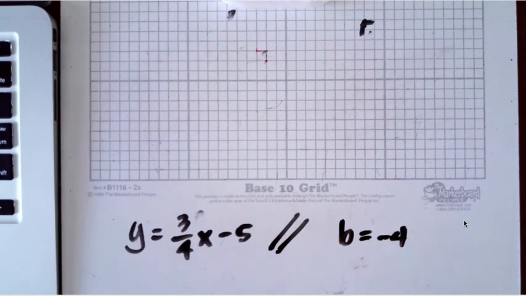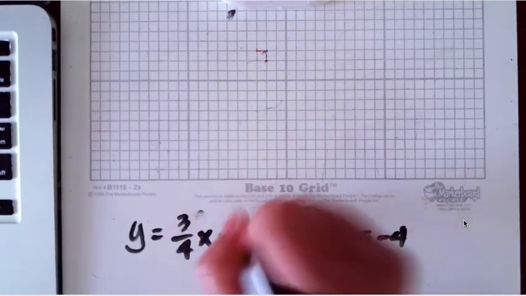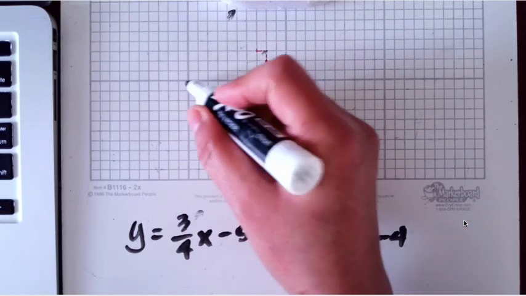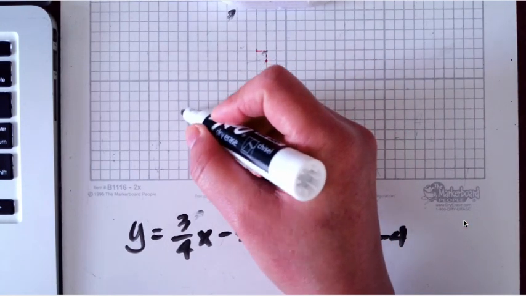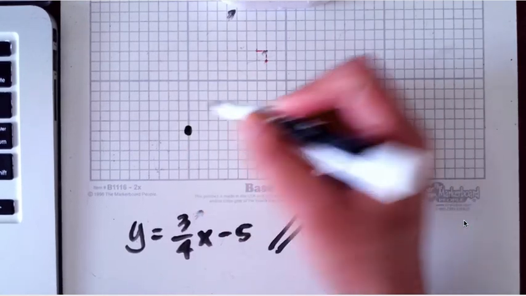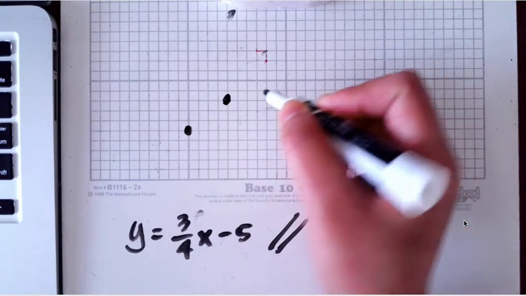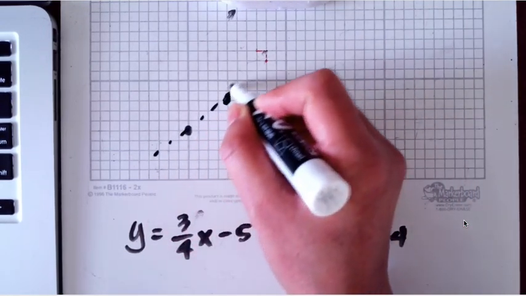So in analytic geometry, it's always best to visualize what you are doing. So it's best to graph them first, but of course, if you know the algebraic rule, it's fine. So we'll draw first this line, negative 5. So you have 1, 2, 3, 4, 5. Okay, and then go up by 3, and then go to the right by 4. So this is the line that we are talking about.